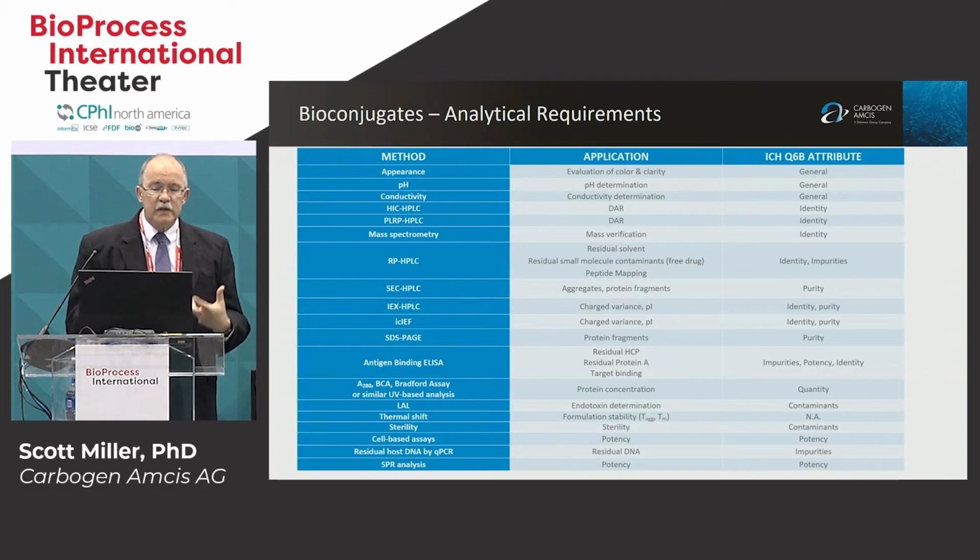All these things go into your package for filing for an IND or for later on development and filings. And the regulatory approach has to be considered for your specifications when you're looking at release of your drug linker and release of your ADC and your antibody. All these things have to be considered.